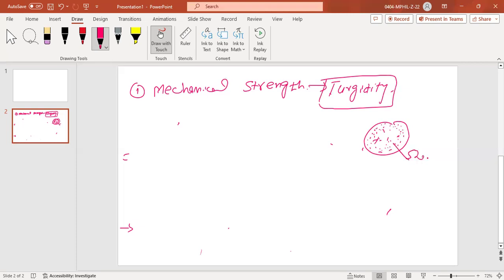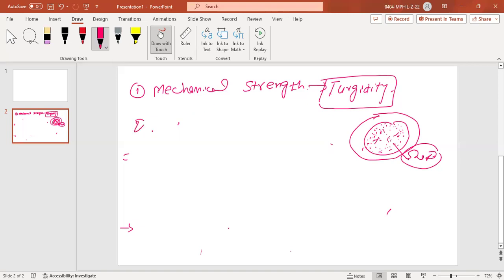Why is this shape maintained? Because these water molecules inside are putting pressure, and the cell wall present outside is also providing turgidity. So in this case, turgidity is the most important element of the plant.